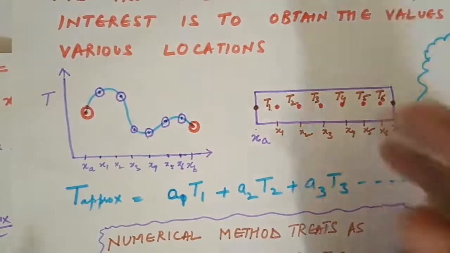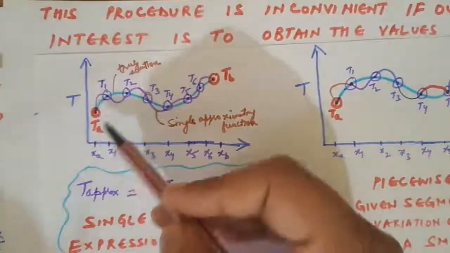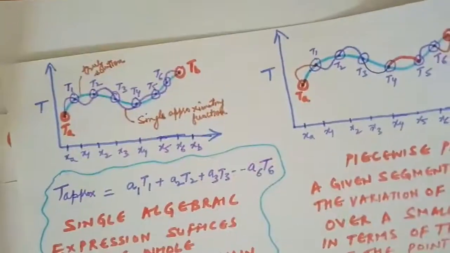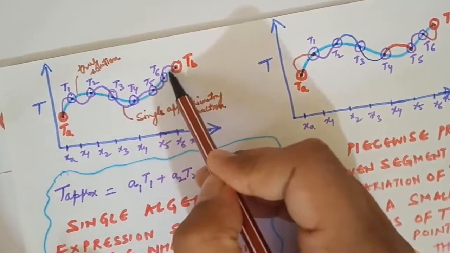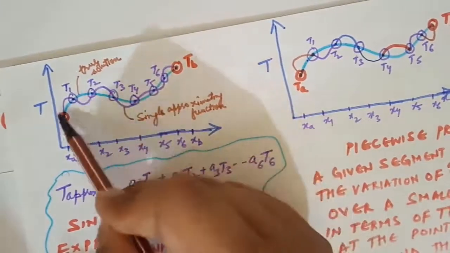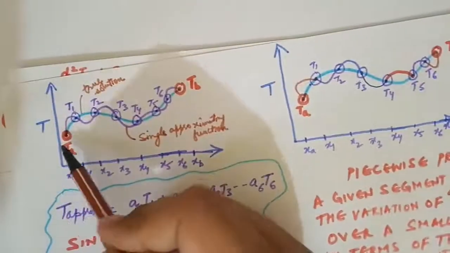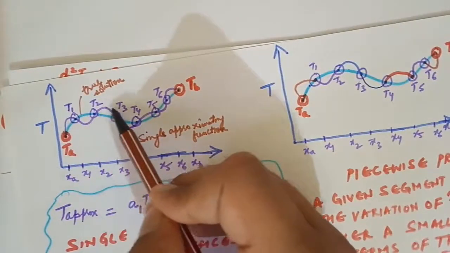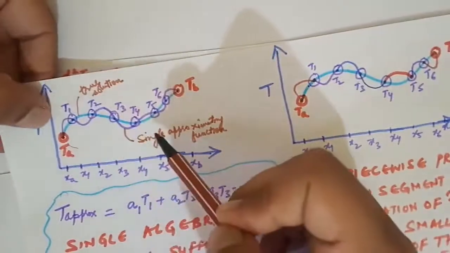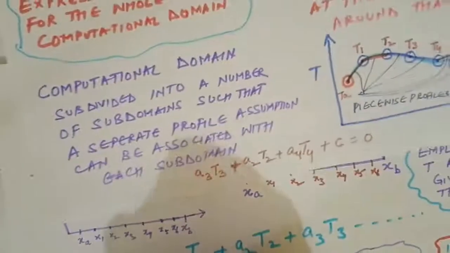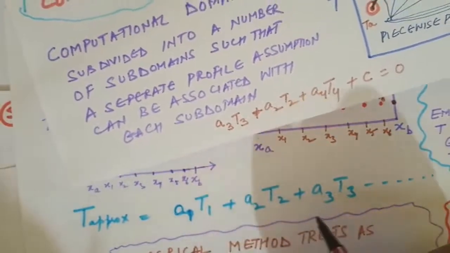Although this curve would look somewhat like this. For instance, say this light blue color represents the true solution. Now this brown curve represents this particular equation, that is, T approximate is equal to A1 T1 plus A2 T2 plus A3 T3 and so on.